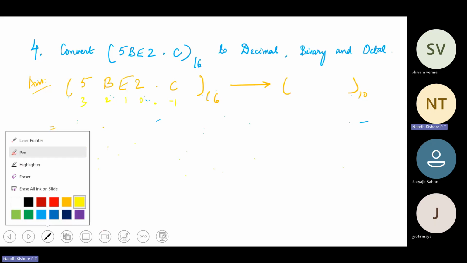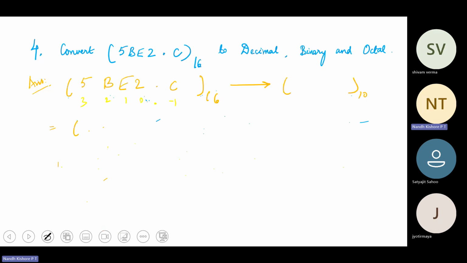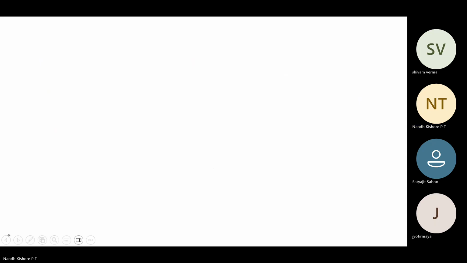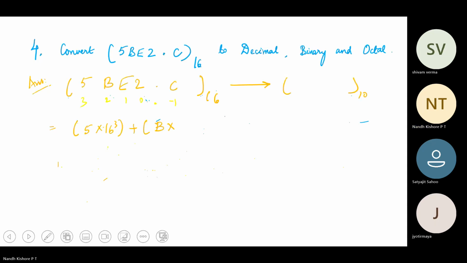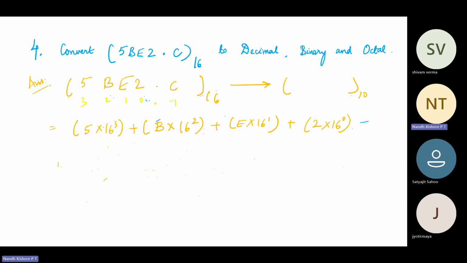So you're going to end up with something like 5 into 16 power 3 plus B into 16 power 2 plus E into 16 power 1 plus 2 into 16 power 0, right? Point C into 16 power minus 1.